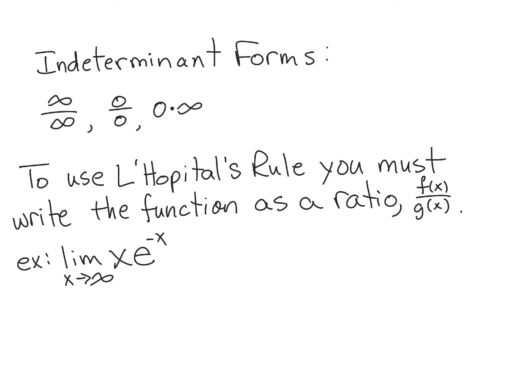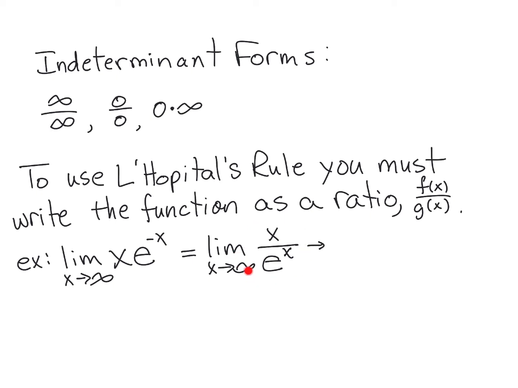Indeterminate forms can be infinity over infinity, 0 over 0, 0 times infinity. We don't really know where any of these things are going to end up, right? Is 0 over 0, is it 1 because the top and the bottom are the same? We don't know. So let's look at this function. Notice to use L'Hopital's rule, if I had plugged in infinity, I'd get infinity times 0.